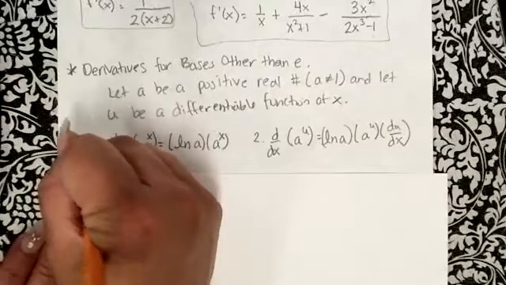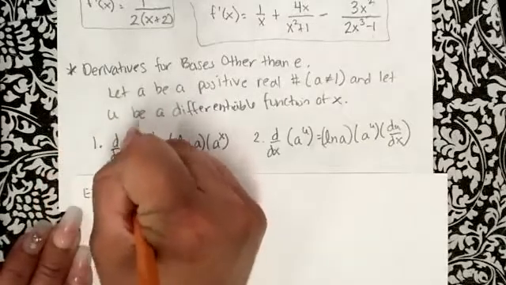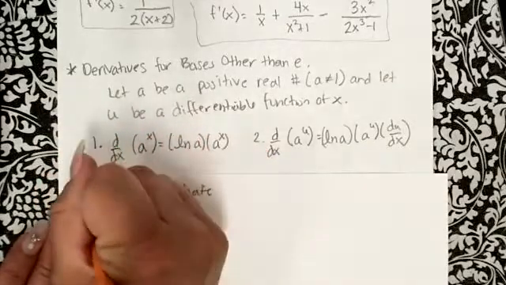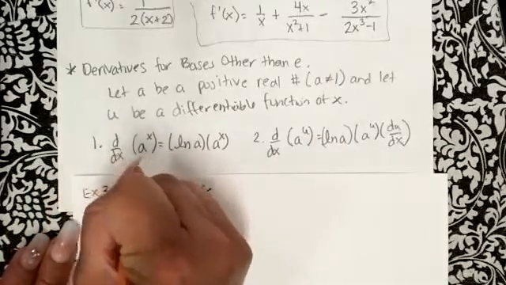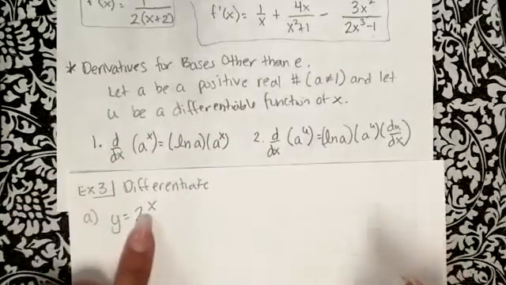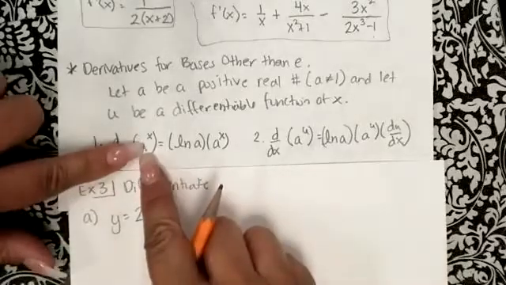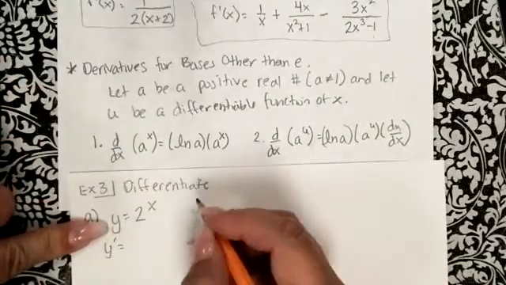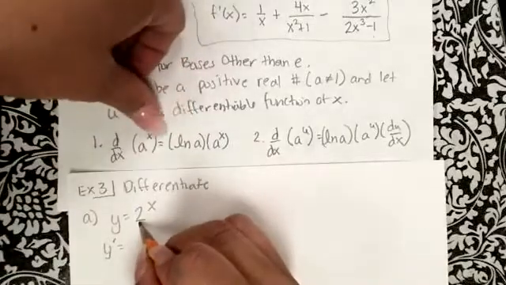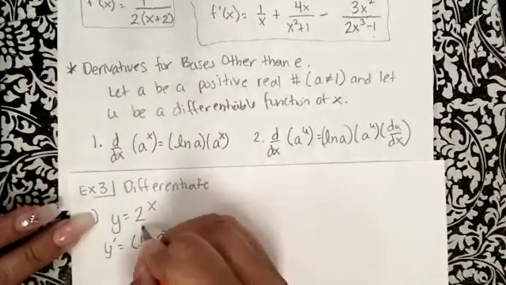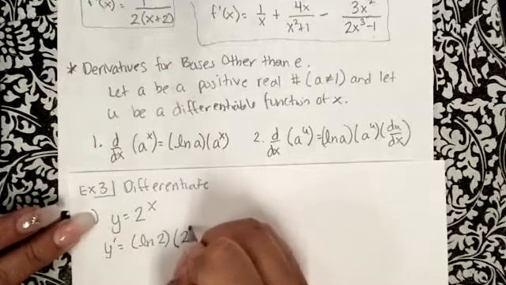This is going to be our last example. So right here, we have a number raised to an exponent. So the derivative of y is going to be y prime. So now it's going to be natural log of the base, so natural log of 2 times the function itself.